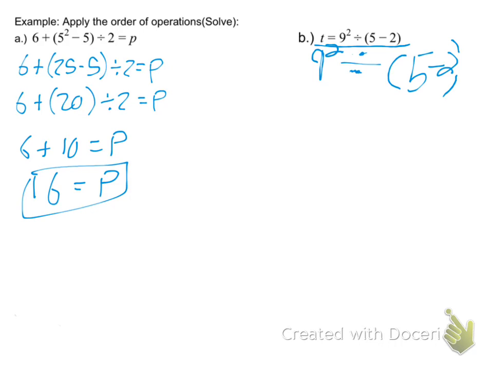I had to rewrite it so I made sure I could do it right. Oh, and then t equals. Okay. So then 9 squared is 81 divided by, and 5 minus 2 is 3.